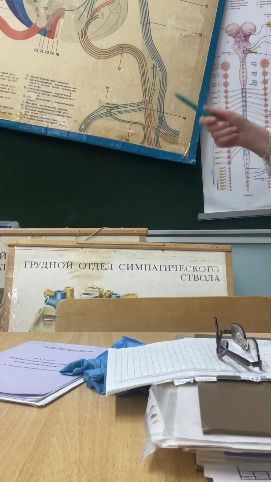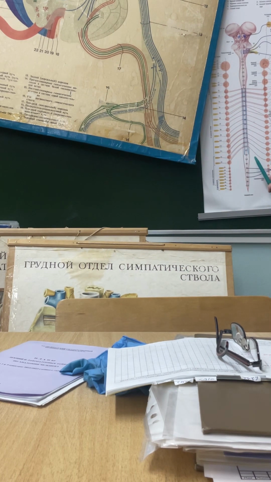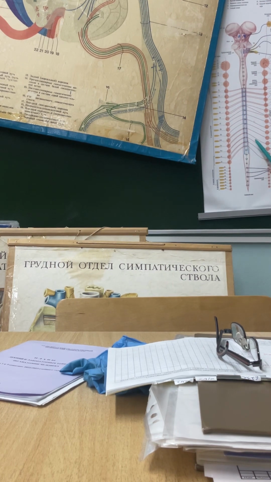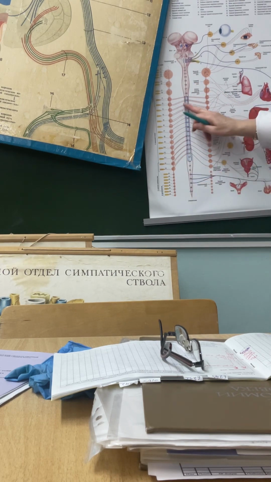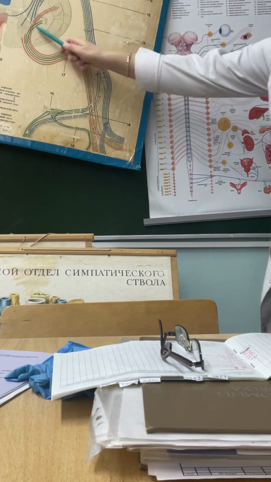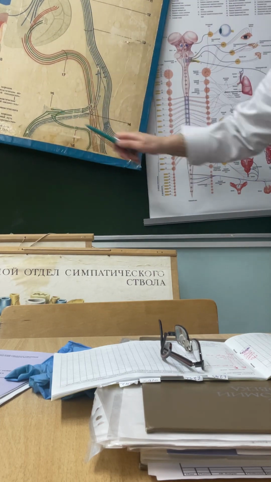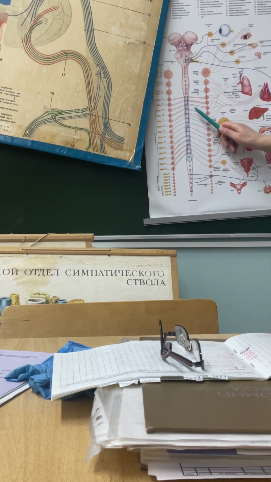Now, which spinal nerves? Only spinal nerves which come from the segments we mentioned already, T1 to L2 or L3. So this is the sympathetic trunk, this is the spinal cord. Each line here means anterior root, spinal nerve and white ramus communicans.